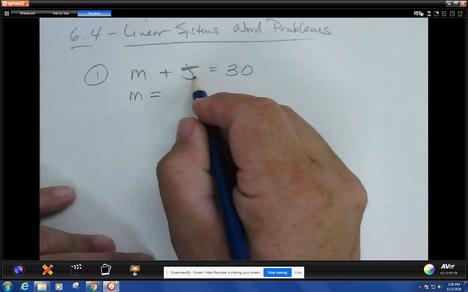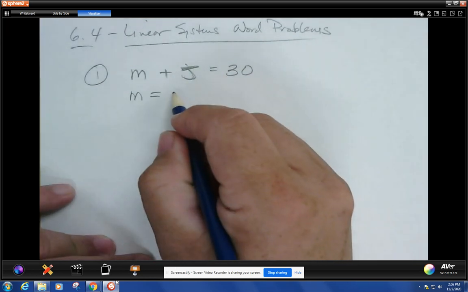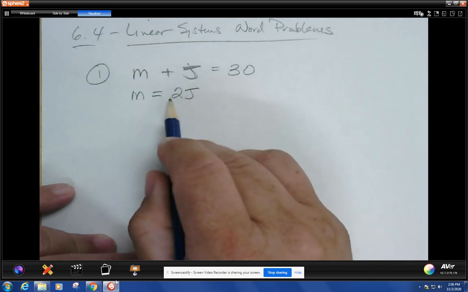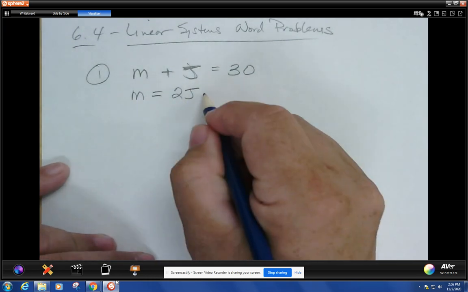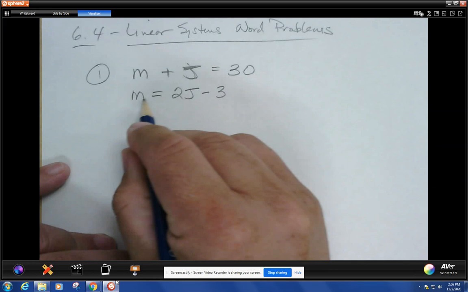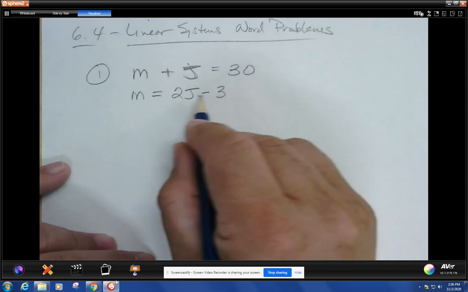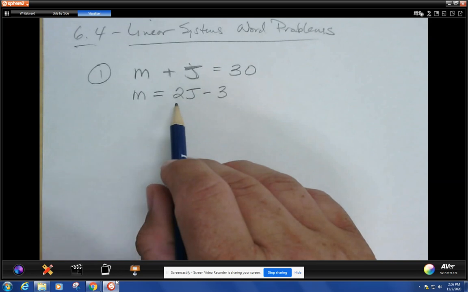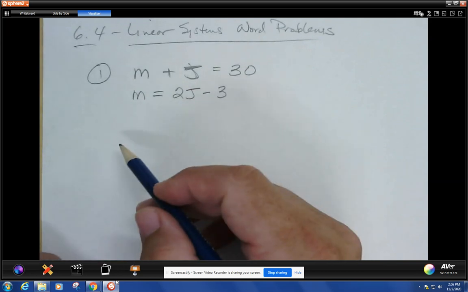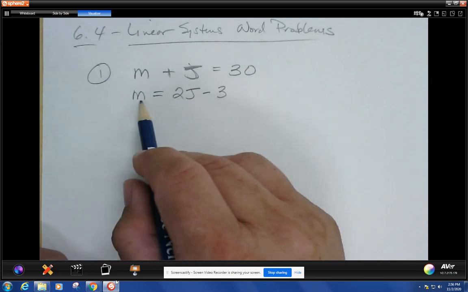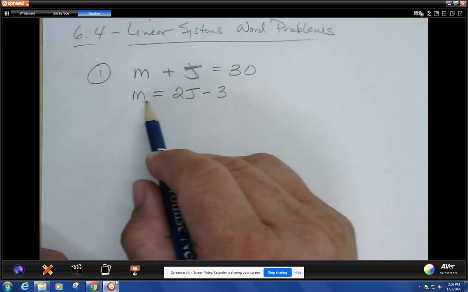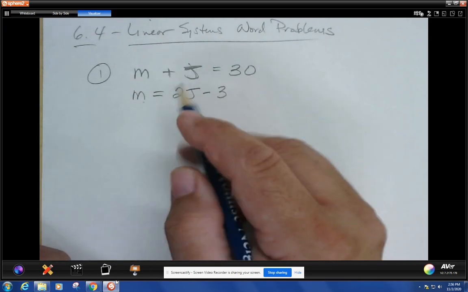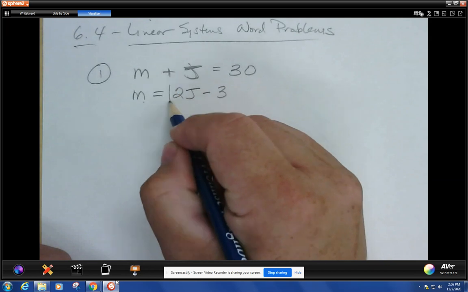So if Jasmine is represented by a J, then I'm going to take twice Jasmine's age, right? 2J, twice whatever her age is, and I'm going to subtract 3 from it because Mike is 3 years younger than twice her age. Hopefully that makes sense what we just did right there. We just took those words and basically made an equation out of it. Now, if you notice, I already have this one solved for M. Now, I don't know what J is yet, but I can use substitution to help me with this. So watch what happens.